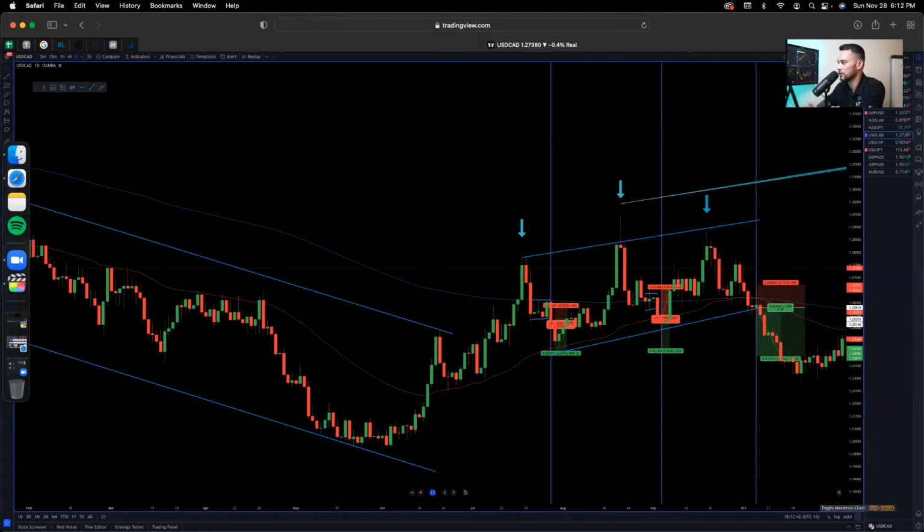So I'm looking for more continuation shorts. So this is the first sign that the trend began to come back into it. Price could either do one of two things, either break out and continue up, or fall back down and continue on this bear trend that we were just discussing earlier, into the bear channel.